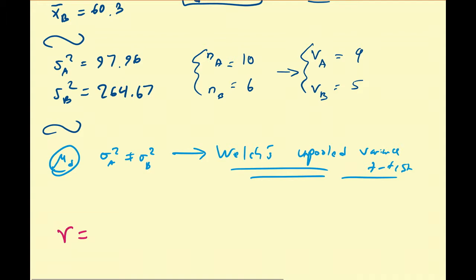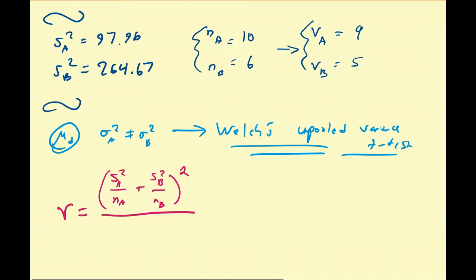So the degrees of freedom for a Welch's unpooled variance t-test is going to be equal to S_A squared divided by the sample size of A plus the variance of B divided by the sample size of B, the quantity squared, all divided by the variance squared, or the standard deviation to the fourth, divided by the sample size squared times the degrees of freedom for A, all on the bottom, plus the same exact thing except replace A with B. So we're going to have S_B to the fourth divided by n_B squared times the degrees of freedom for B. So this is the degrees of freedom for Welch's unpooled variance t-test.